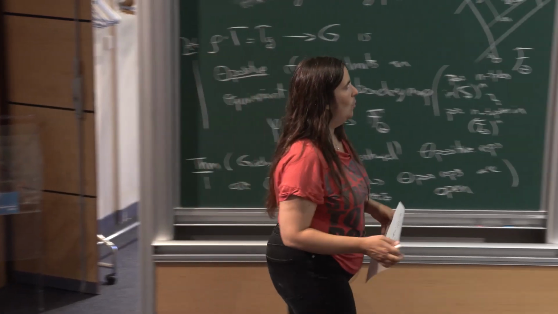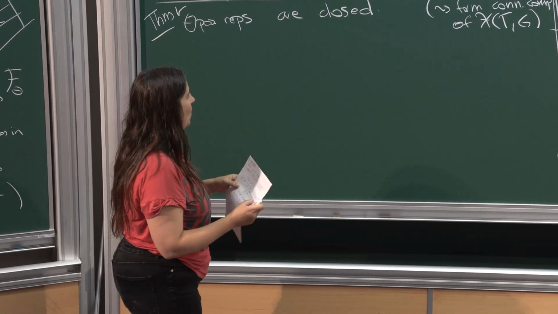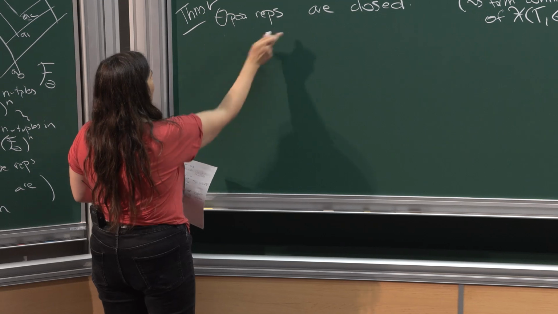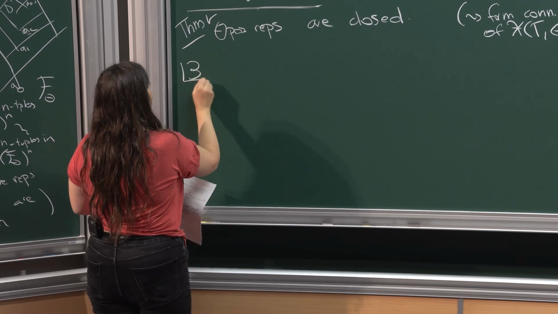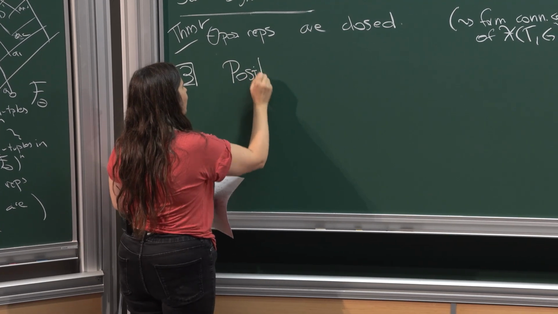So if not, let me tell you theorem 1. Let me go towards theorem 1. Today is lecture 3, which is positivity of cross ratios.